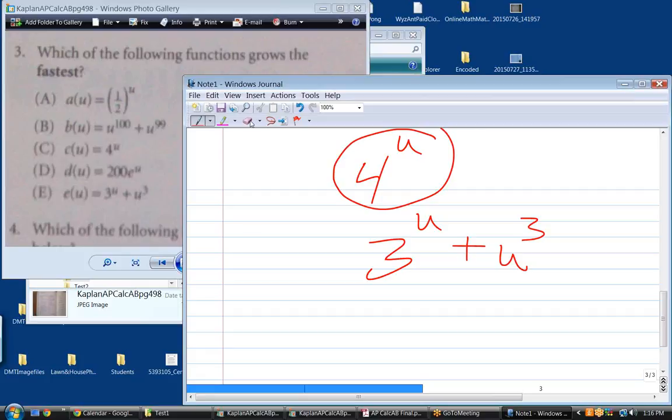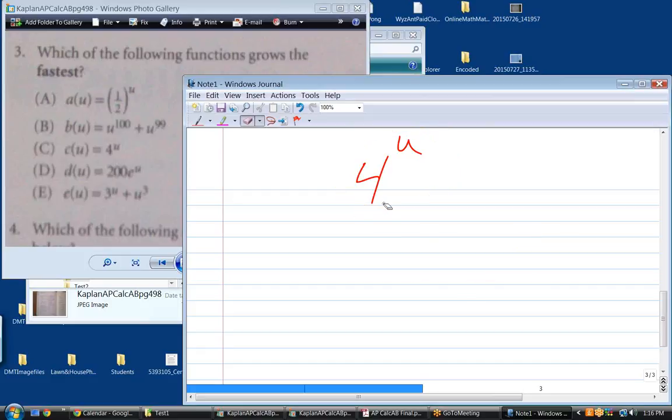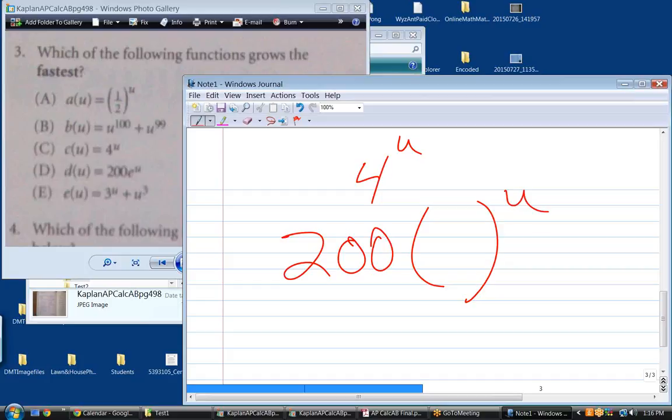Now, let's compare it to 200e to the u. What's the number e equal to? Approximately, because it's an irrational number a lot like pi, 2.71. Right. Okay. Which grows faster between those two quantities?